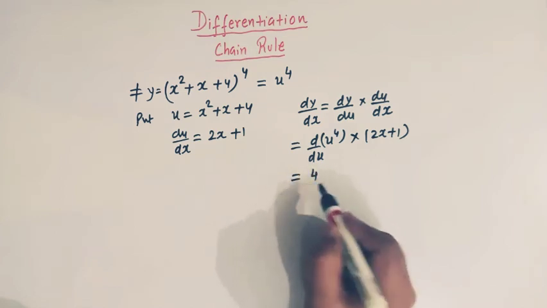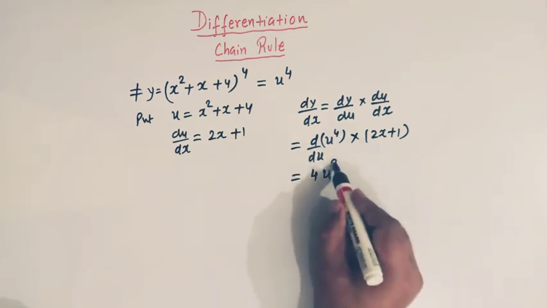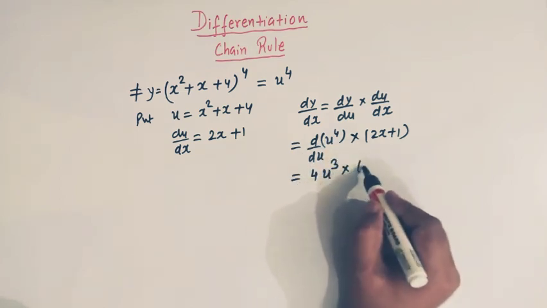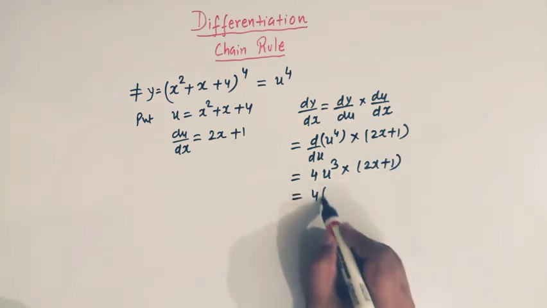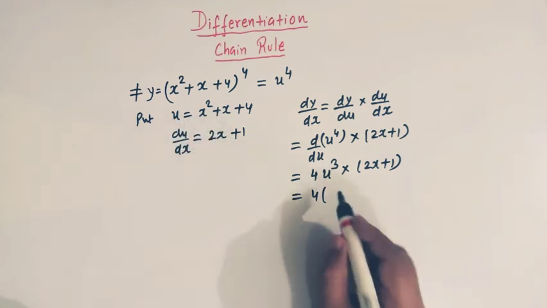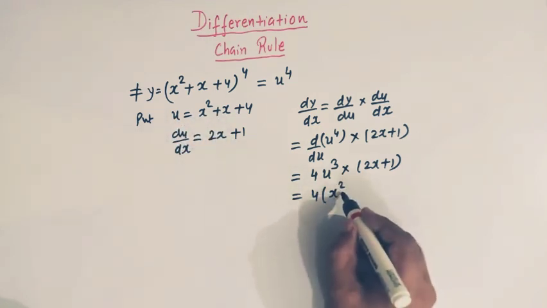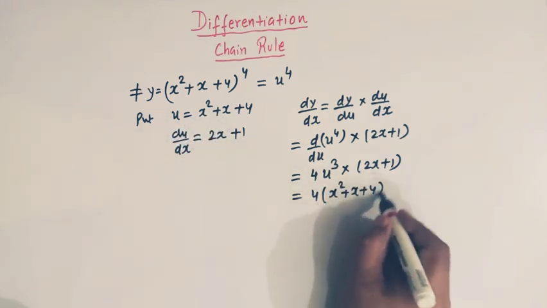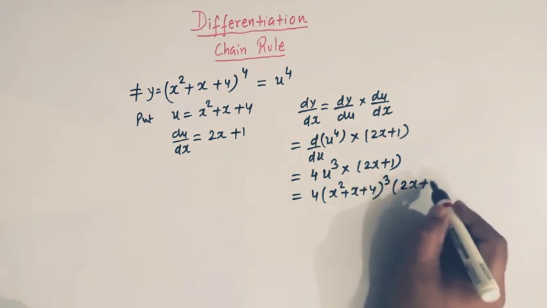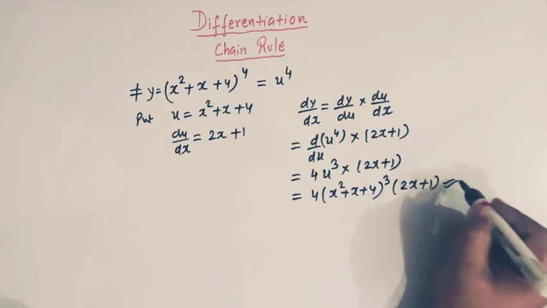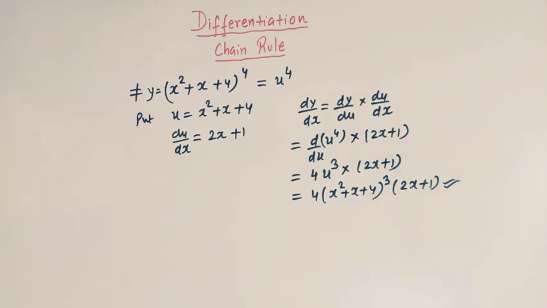Now this is 4 times u raised to 3, and this is 2x plus 1, and again substituting the value of u here, we have (x square plus x plus 4) raised to 3 times (2x plus 1). So this is the required derivative.